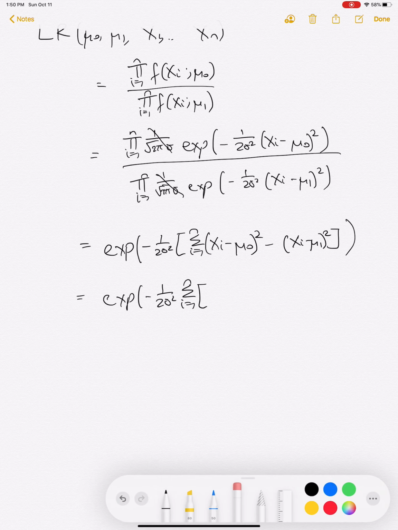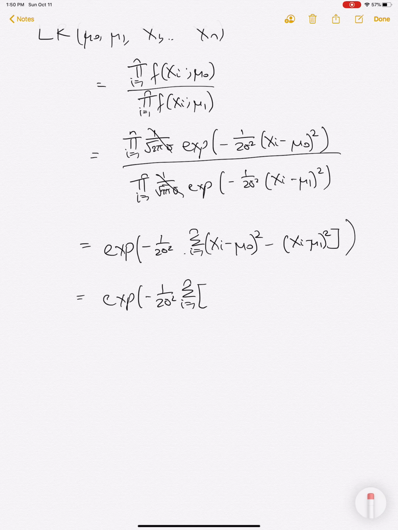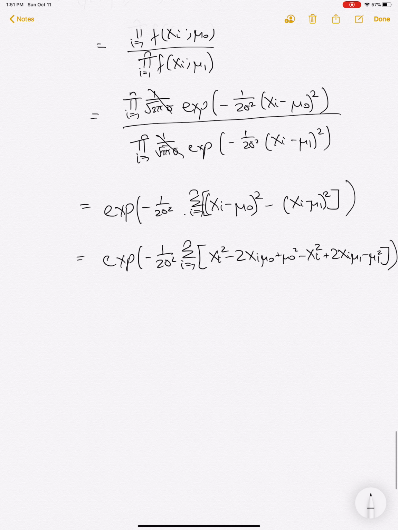If we expand this out, probably better to put the bracket here just to avoid any confusion. You can see that the xi squared terms, so I'll write out the full expression. Okay, so all I've done is just expanded everything out, and we get a very convenient cancellation here.